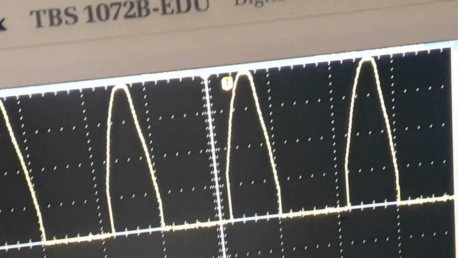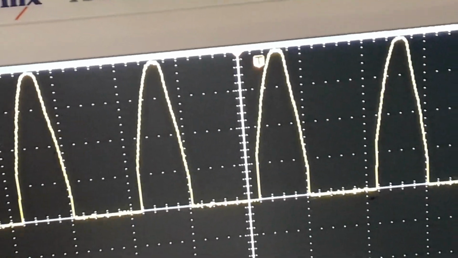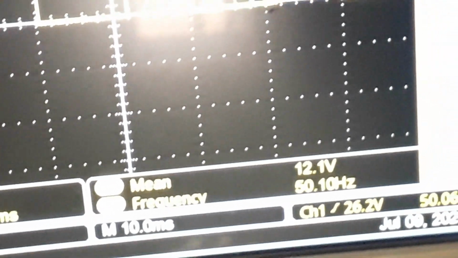One line means 36 degrees. And see the average voltage; mean means average voltage. The average voltage is 12.1.